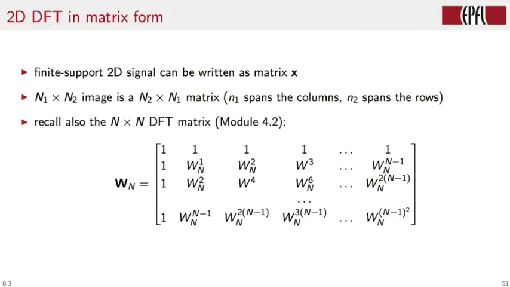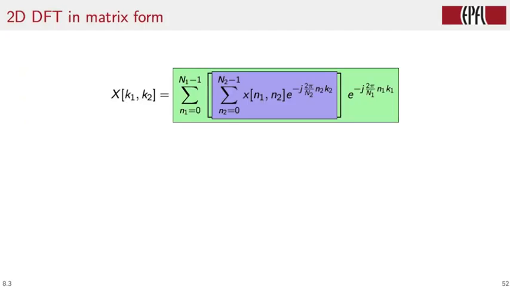You will also recall the N times N DFT matrix that we saw in module 4.2. This is a standard DFT matrix of size N, where W, recall, is simply e to the minus j 2 pi over capital N. With this notation in place, let's look at the DFT formula once again.